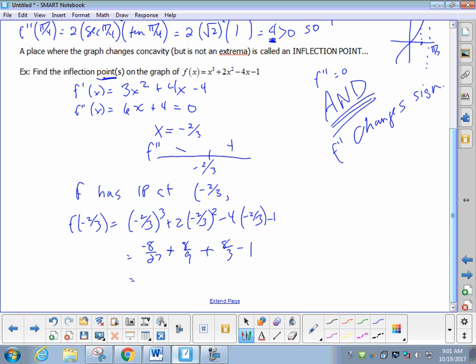That's 1, 7, 8 plus 9 is 72. Minus 27, I get something like, what do you got there? 83, 69 minus 8, 61/27. Okay, now that's a point on the original function. I hope I did that right.